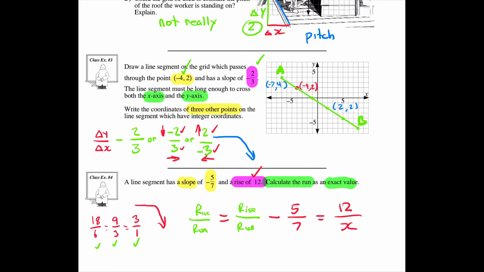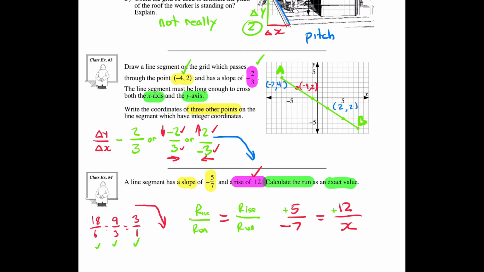So remember from previous examples, that means that this negative can be associated either with the rise or with the run. I have to put it in one of these positions. Now notice that the value 12 is positive. So in this case, the rise is positive. So we would want to make the rise on the other equivalent ratio also positive. So that means this negative would be associated with the run.